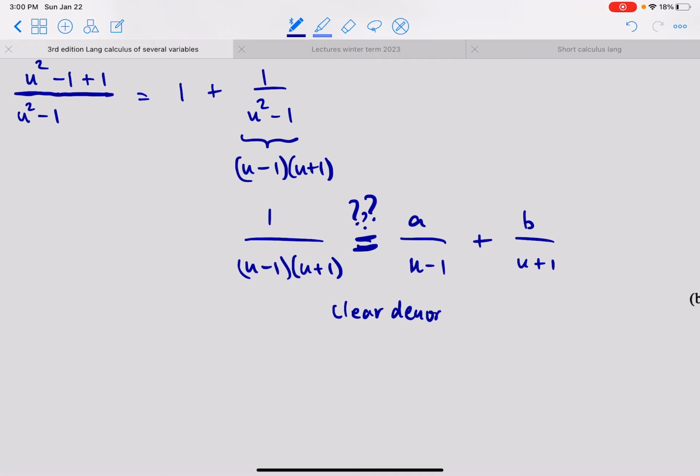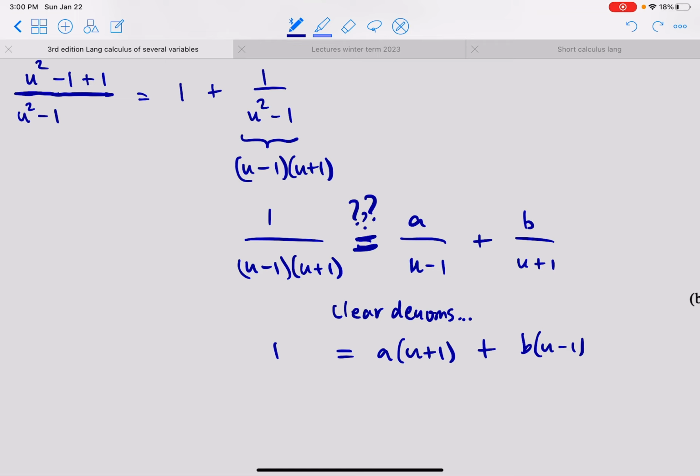Okay, so now to find a and b, we just clear denominators. So what do we get? We get 1 equals a times u plus 1 plus b times u minus 1, because the whole thing multiplies both of them, and the u minus 1 cancels in the first term, and the u plus 1 cancels in the second. I cleared denominators.